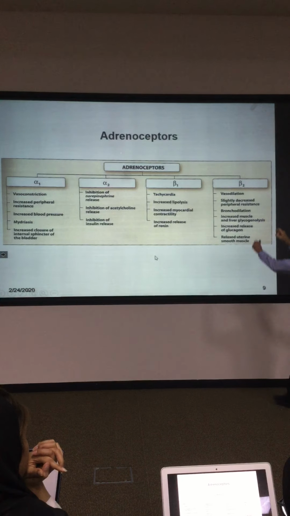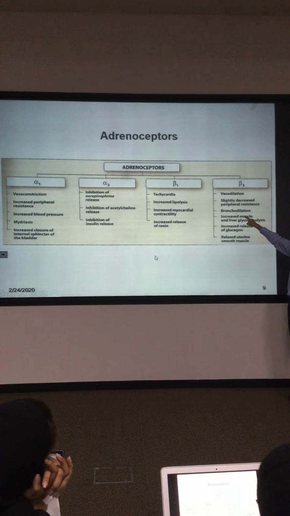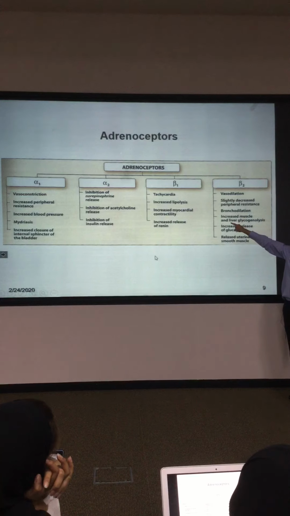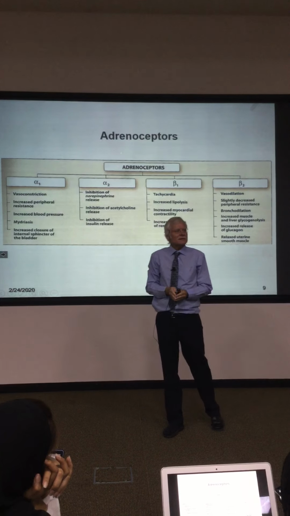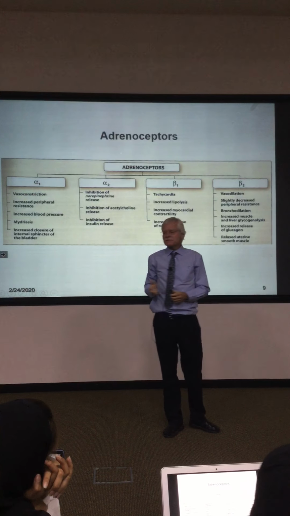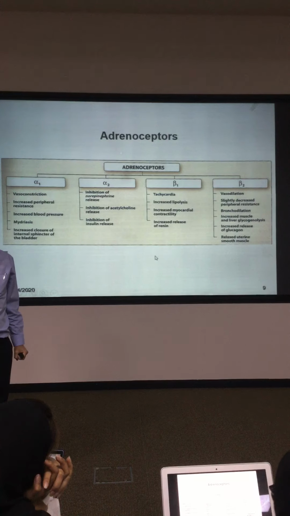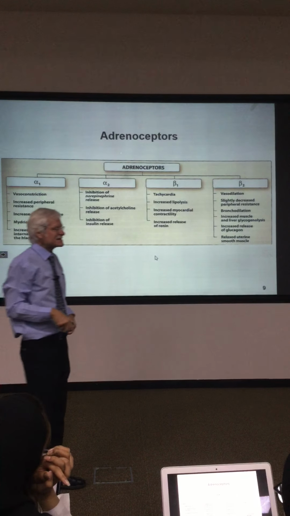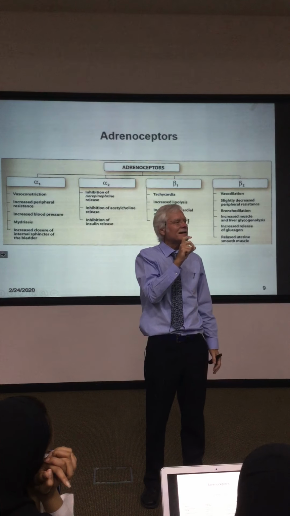It's interesting that beta 1 and beta 2, for example, in the lungs, cause bronchodilation. What's bronchodilation? Yeah. So, for example, many of you know people who suffer from asthma. And one of the things asthmatics do is they take a couple of puffs of Ventolin, a salbutamol inhaler.